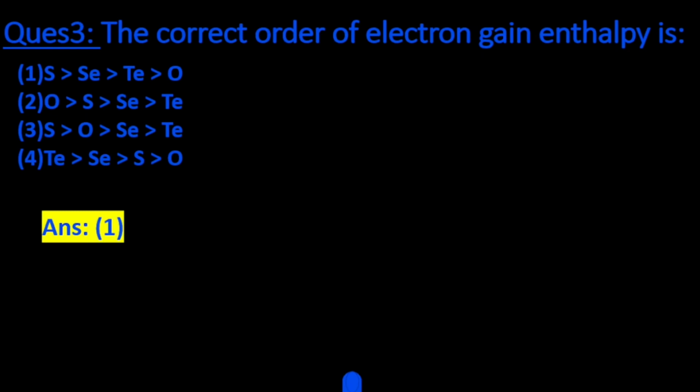I told you that oxygen family is very important, and I even told that there are two exceptions in this. So oxygen will come at the last, means either first can be correct or fourth can be correct, and definitely sulfur of third period will come at the first position. So first is correct. Moving on next.